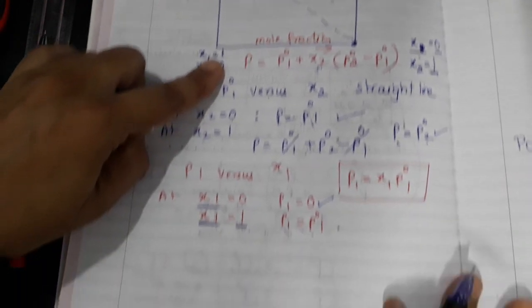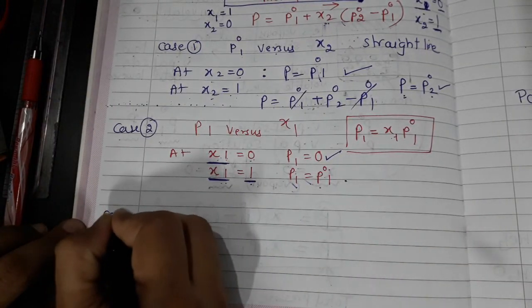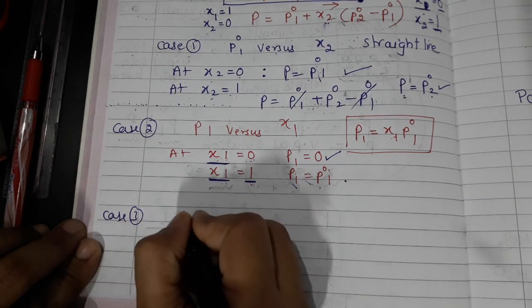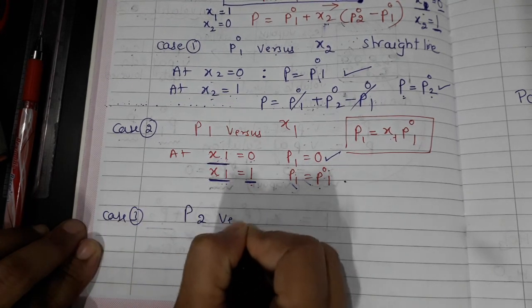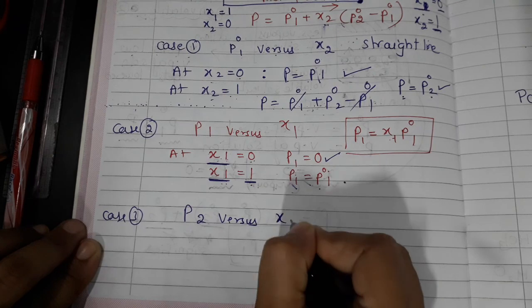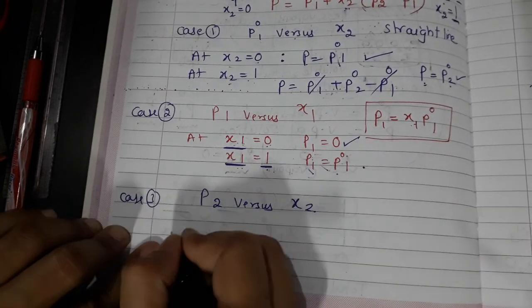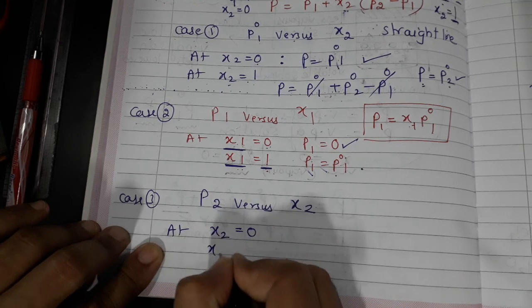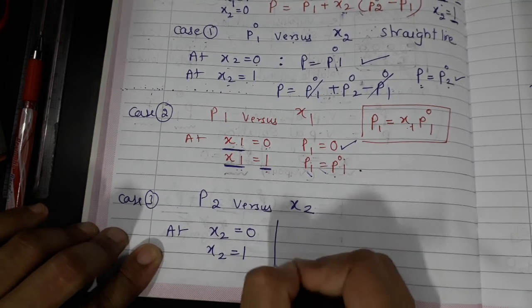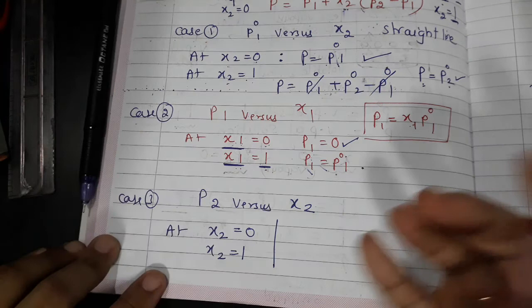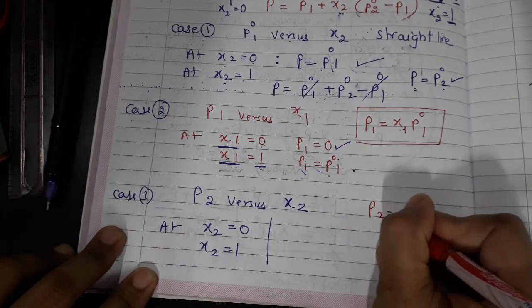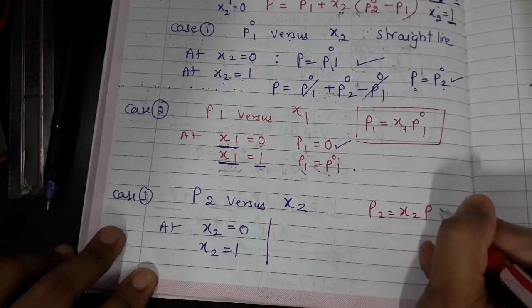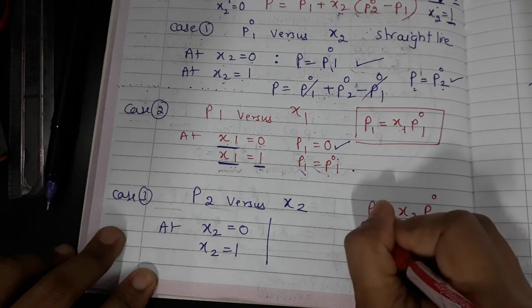Now we have the third case over here, and the third case is P2 versus x2. Let us see what we are getting at x2 is equal to 0 and x2 is equal to 1. We substitute the value in this expression, P2 is equal to x2 P02.